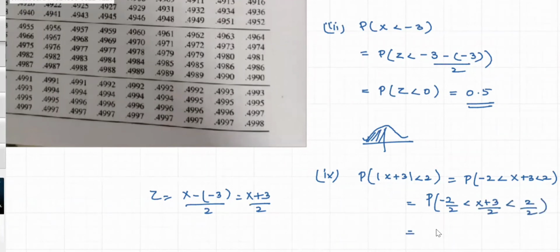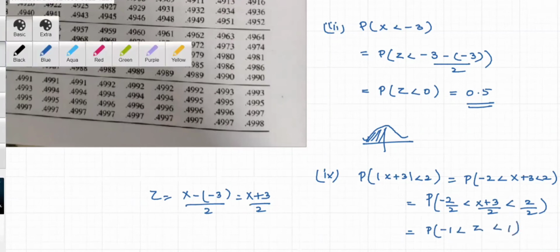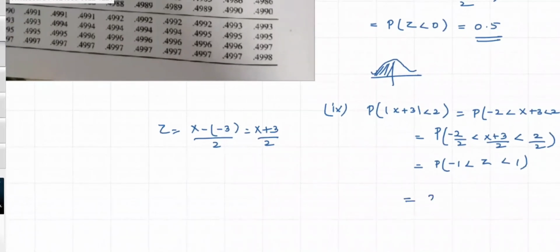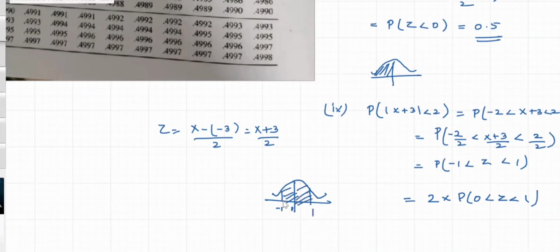Dividing throughout by 2, you will get probability of -1 less than (x + 3)/2, which is the variable z, the standard normal variable, less than 1. Now I can write it as 2 times probability that 0 less than z less than 1, because the area from -1 to 0 is same as probability that z is between 0 and 1.